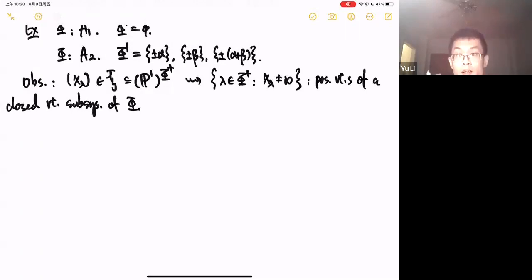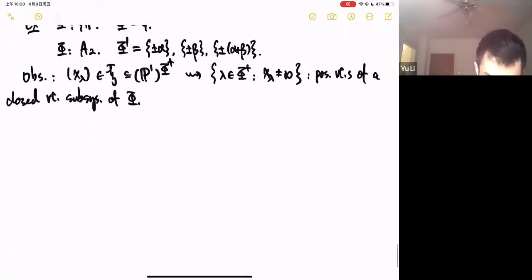Then to determine boundary components of Hbar, well, we just need to look at the maximal closed root subsystems. Okay, so that's maybe one way to convince yourself why there's such a bijective correspondence.